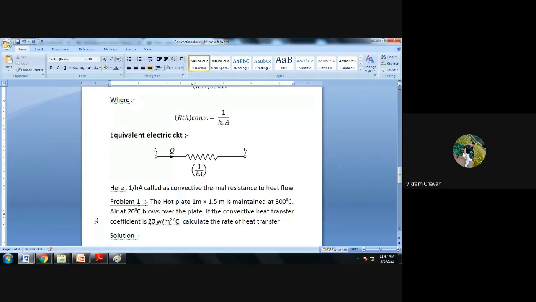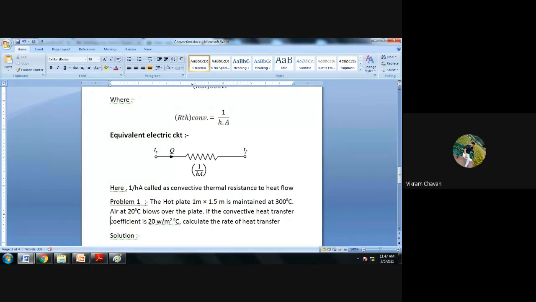If the convective heat transfer coefficient is 20 watt per meter square degree Celsius, calculate the rate of heat transfer. Okay. Have you noted?